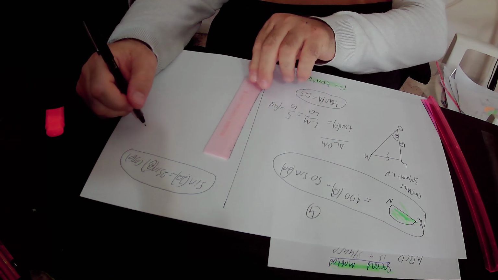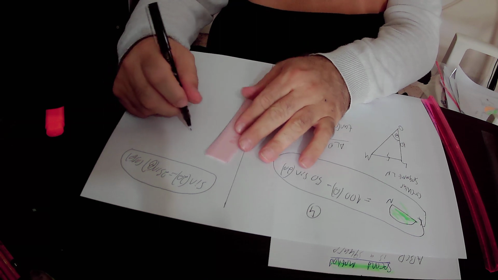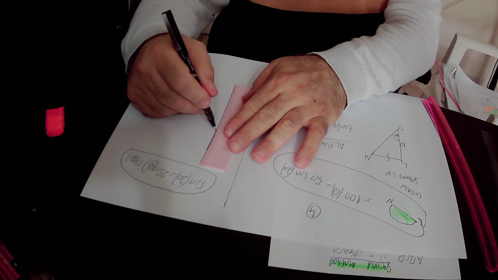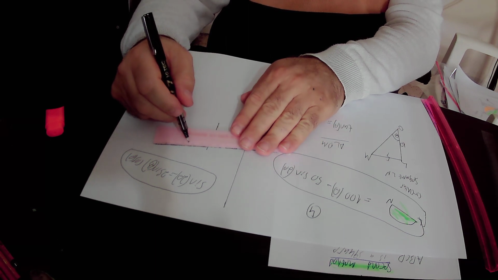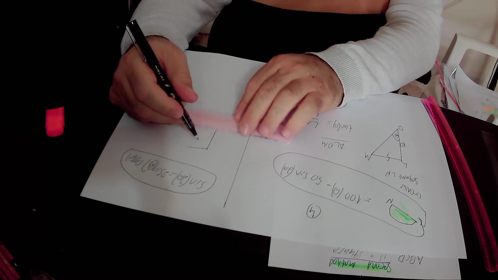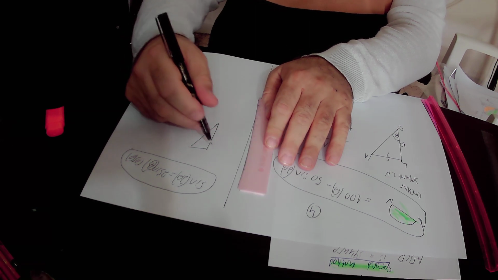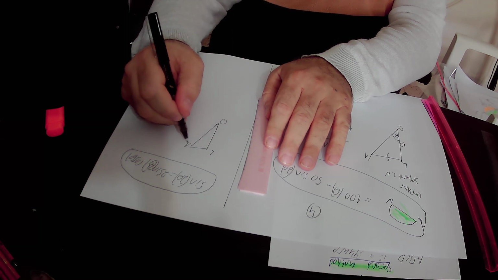I copy the right triangle LOM again here. This is the right triangle LOM.